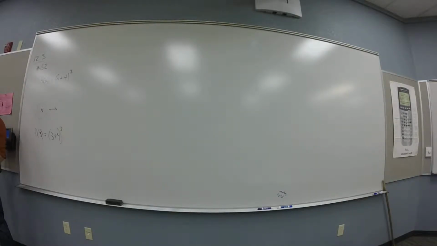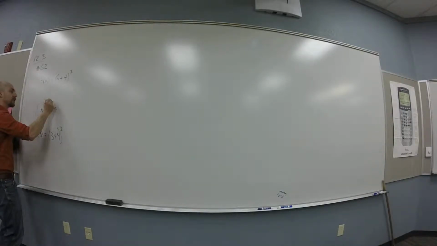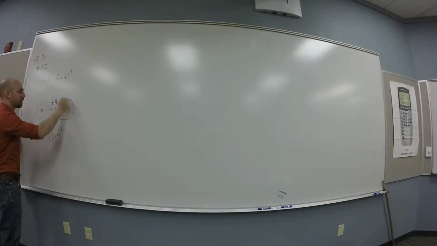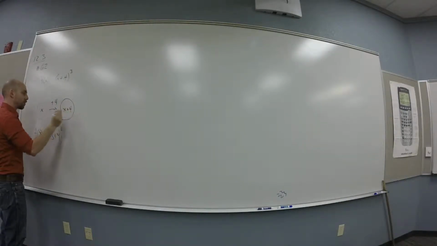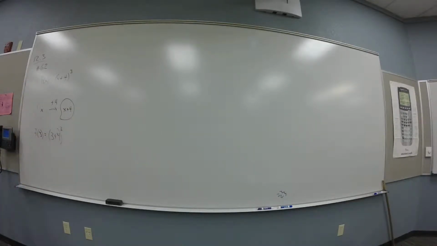That's really following order of operations, right? You're trying to do the stuff in the grouping symbol first. And the stuff in the grouping symbol says, all right, let's see, I should run through exponents, multiplication, none of that. So I'm at addition. Okay, so my first thing is I add 4, right? Then I'm sitting at x plus 4, right?